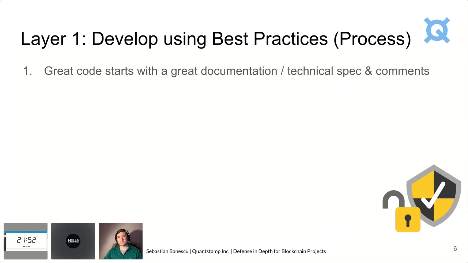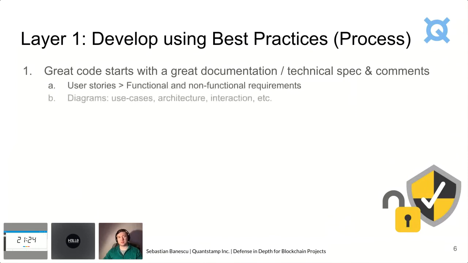We've seen over the years a lot of really cool engineering masterpieces which were very hard to audit because they lacked great documentation, right? And by documentation here, I mean that when you start your project, you should have some basic user stories from which you derive your functional and non-functional requirements.